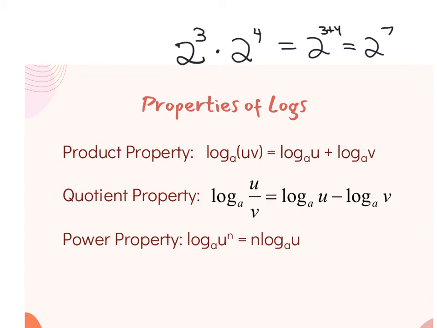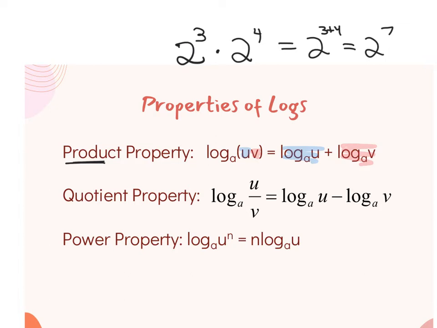So this is how it ties to our logs, the product property. If I were to expand this product of U times V, what I end up doing is giving each part of this product, the U, its own log word, and then the V, its own log word.